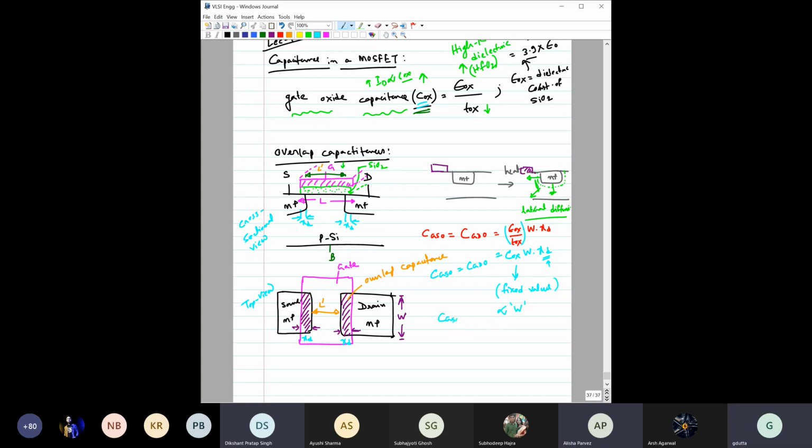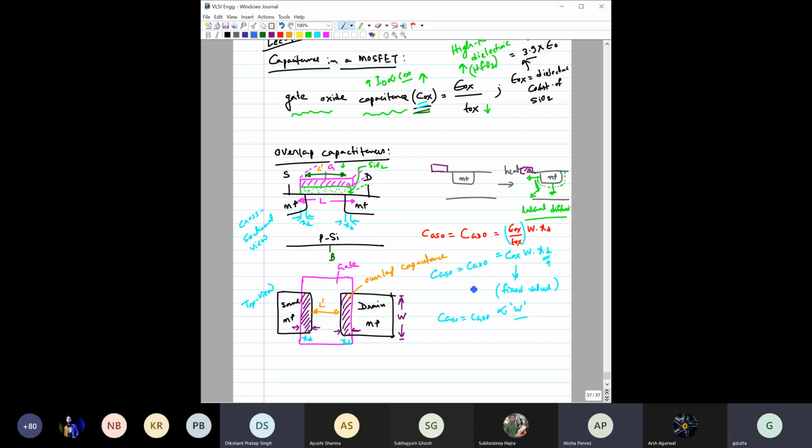This CGS naught or this CGD naught is linearly proportional to the width. So if you make the width higher, at the same time your stray capacitance, this overlap capacitance, will also become higher, right?